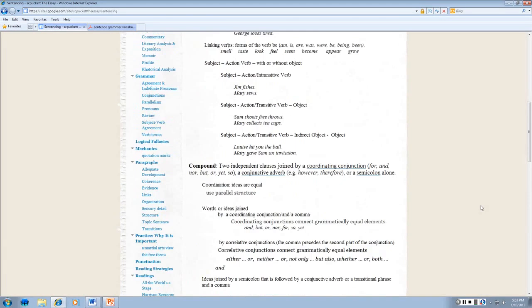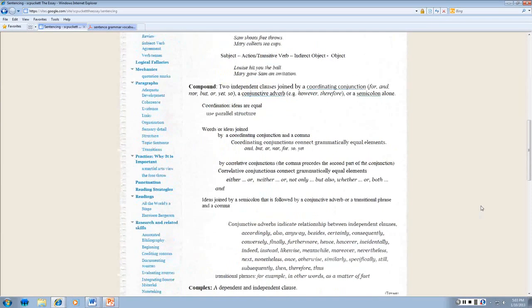And then compound. It gives you a more detailed description. Notice that independent clauses in a compound sentence are joined by coordinating conjunctions, a conjunctive adverb, or a semicolon. Coordination means that the ideas are equal, and we typically use parallel structure, something we'll come back to.